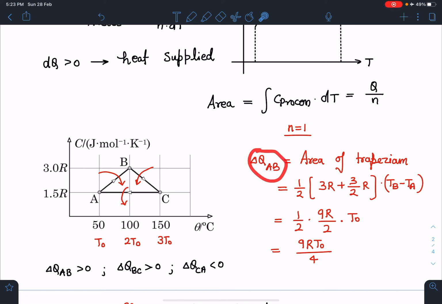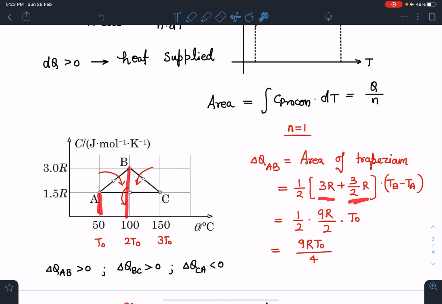Delta Q AB I can very easily write, it is nothing but the area under this curve till here. So it is the area of a trapezium. Now I'm taking this temperature as T naught. This will become 2 T naught. This will become 3 T naught for simplicity. So half the sum of parallel sides into the distance between them. The parallel sides are 3 by 2 R and 3R.